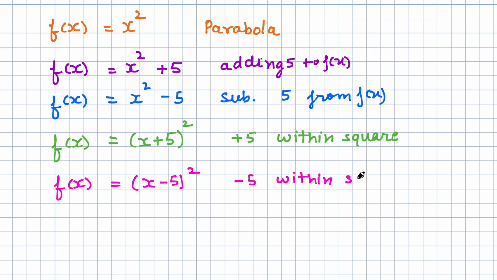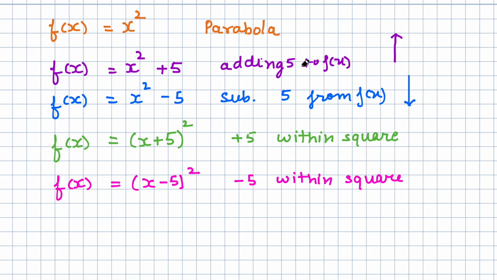Now we will see what happens in these four situations. When we add 5 as a constant, the parent graph will move up 5 points. First learn this, and this is kind of theory, but then we will see why and how this happens. When I am subtracting 5, it goes 5 points down.